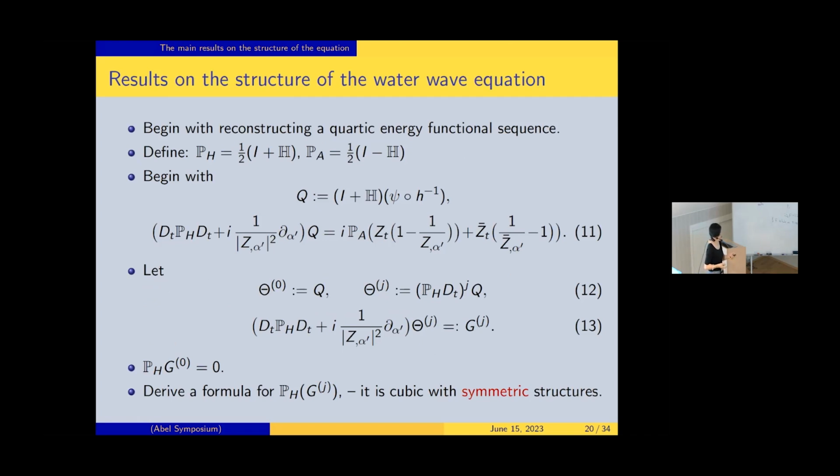So Q is holomorphic, the right-hand side is anti-holomorphic, and it's also quadratic because z_t is imaginary. When we talk about quadratic or cubic, we think things are small: velocity is small, and 1 minus 1 over alpha is also small. So the right-hand side is quadratic but anti-holomorphic, and this is holomorphic.